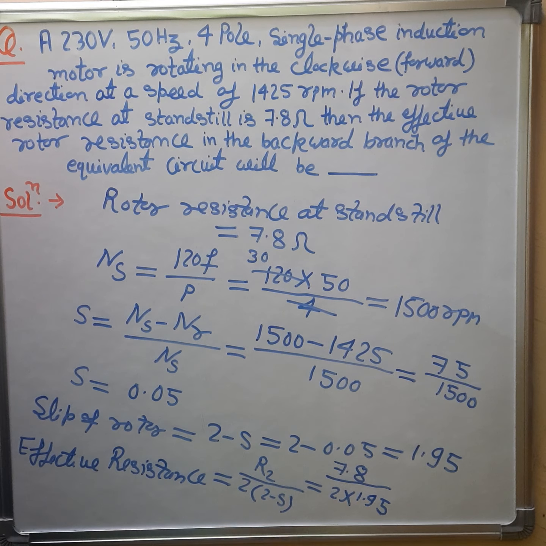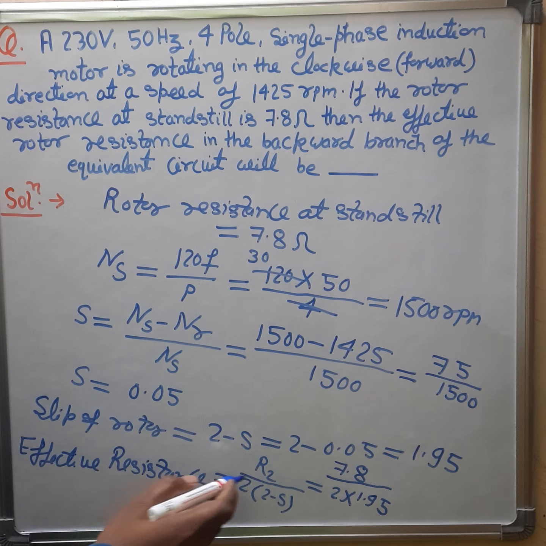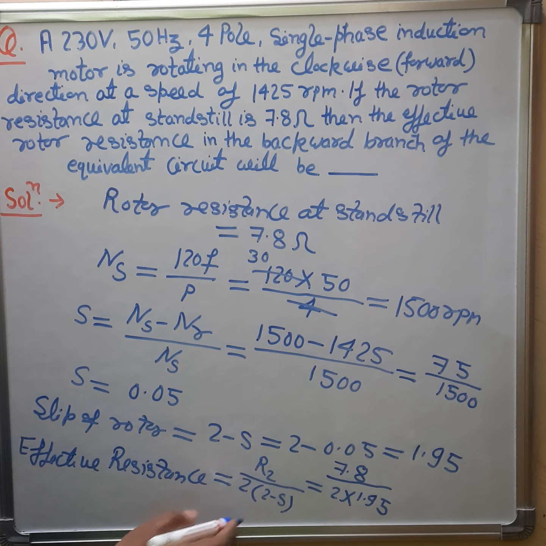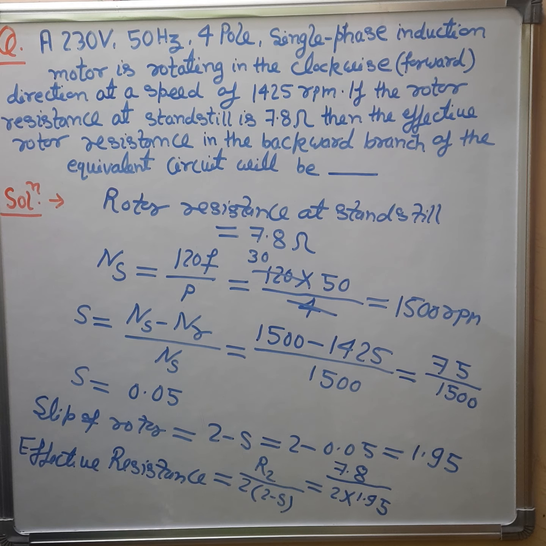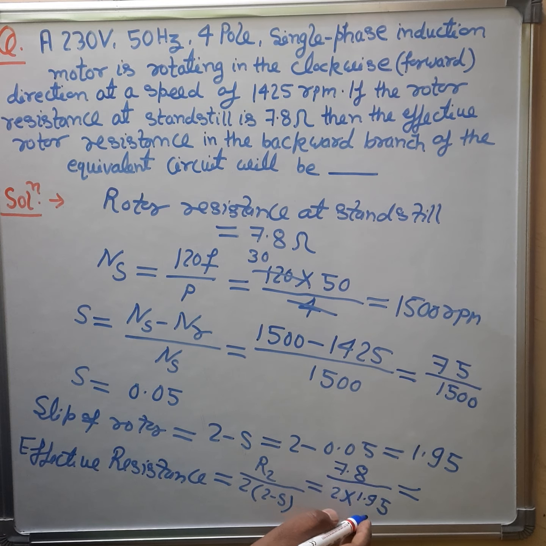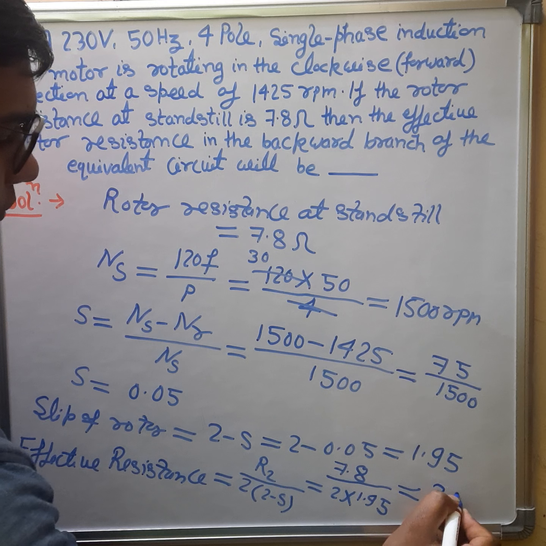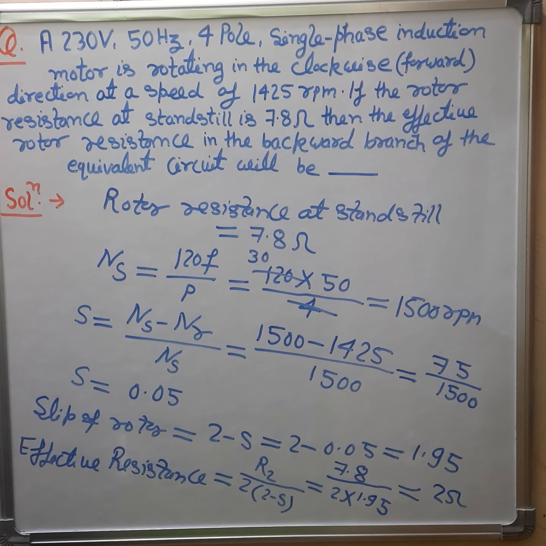So in the question, effective resistance is equal to R2 divided by 2 into 2 minus s. Then it is 7.8 divided by 2 into 1.95. Simplifying this expression becomes 2 ohm. Then the answer is this 2 ohm.